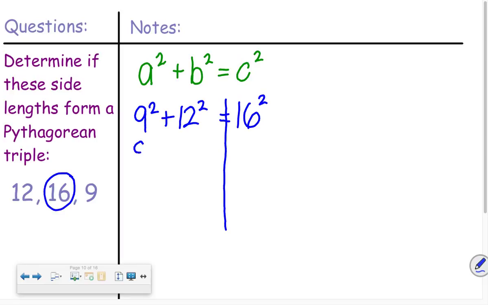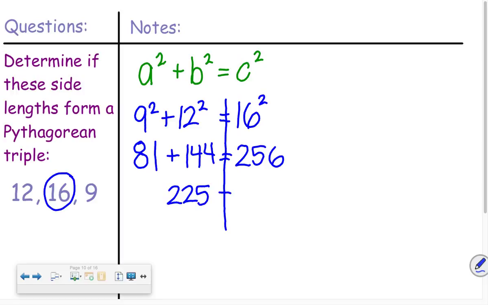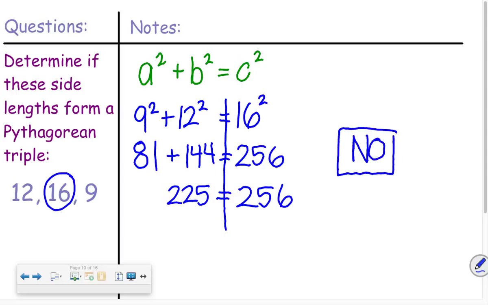So 9 squared is 81, 12 squared is 144, and 16 squared is 256. So 144 plus 81 equals 225. 225 is not equal to 256, so this is not a right triangle. It did not form a Pythagorean triple.